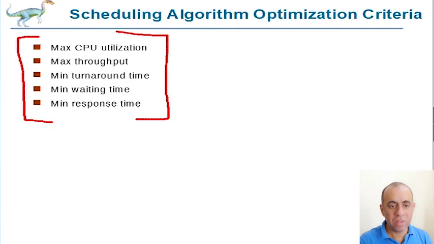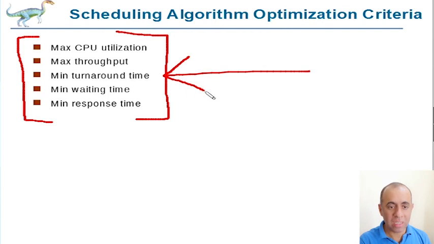Similarly, when all of this is done, and we understand that we have multiple processes and we have only one CPU, for example, and we want to select one lucky process out of all of those processes, and we want to send that lucky process to the CPU. And in doing that, we want to think about this thing for all of the system. The first two things are only related to the CPU.